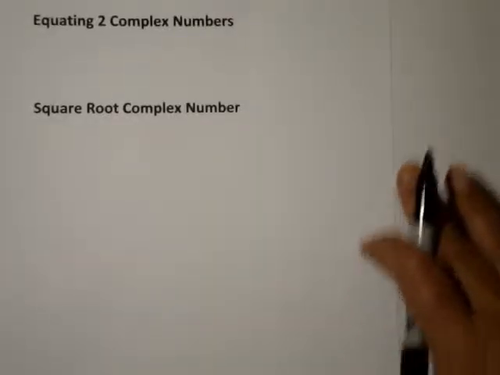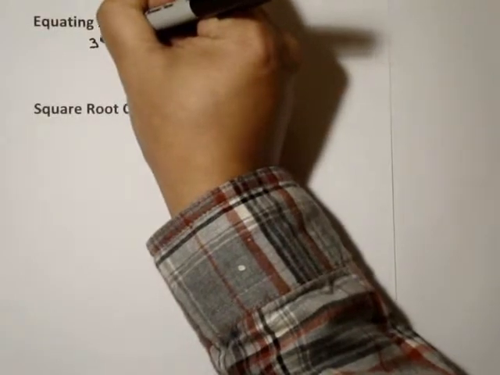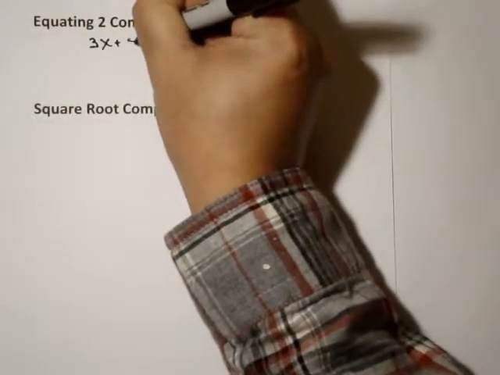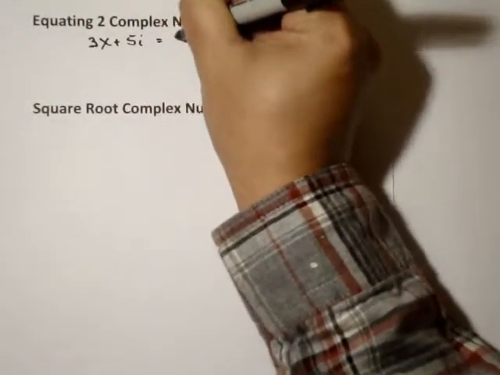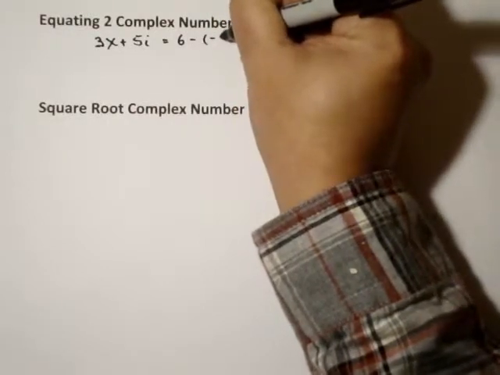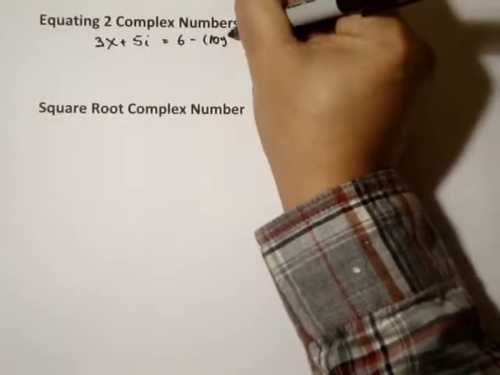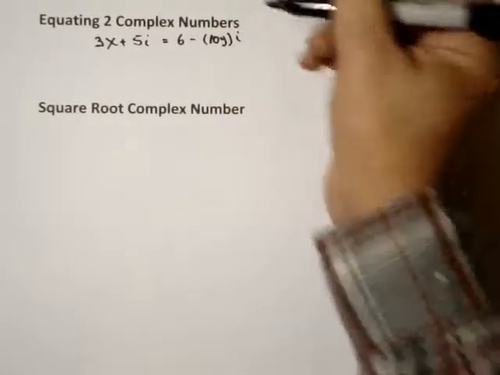Here we're going to have a look at equating two complex numbers, and then by looking at that technique for finding the square root of a complex number. So if we have complex number 3x plus 5i equals 6 minus 10y i.